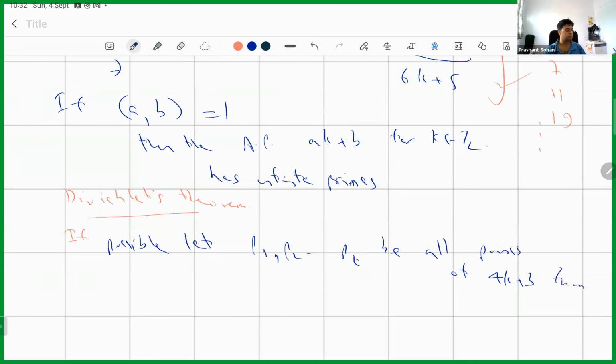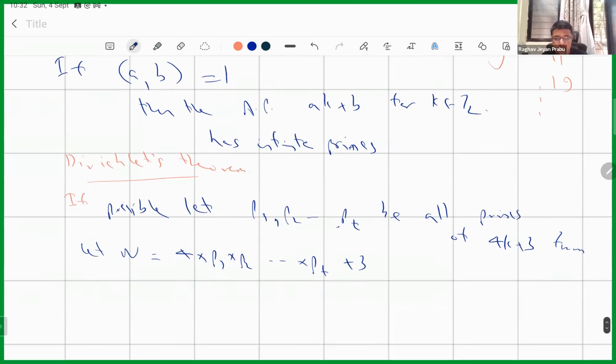So can you think of how to construct a new number which will be forced to have one more prime of the type 4k plus 3? Yes, Raghav. We'll just take 4 times the product of all the primes plus 3. What can you say about this number? We know that 3 won't divide this number.